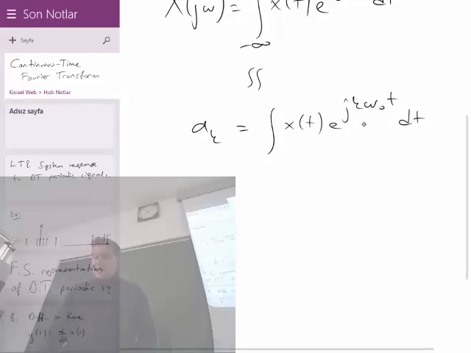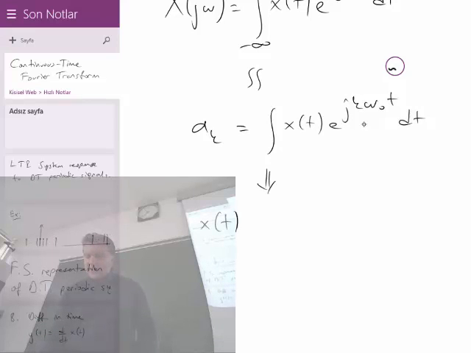From here, do you remember the inversion? The way to obtain x of t from a_k, do you remember that? By the way, there must be a 1 over capital T or something like that, but it's just a scale.